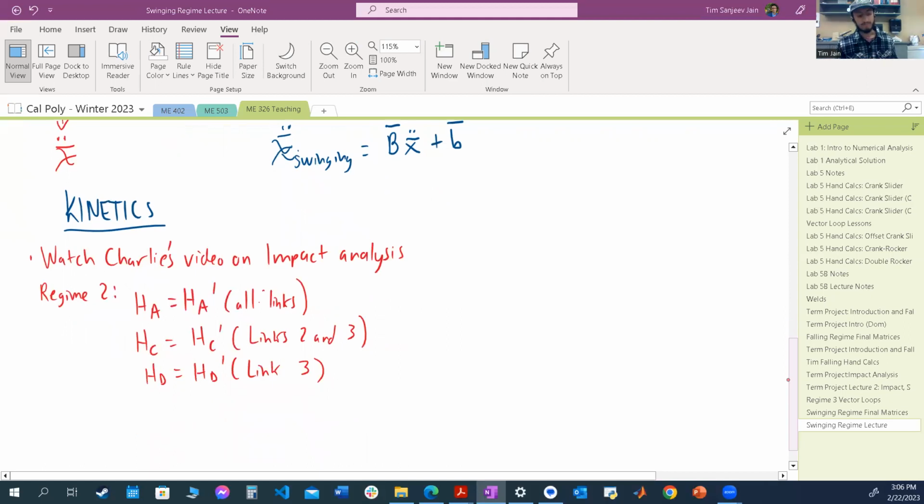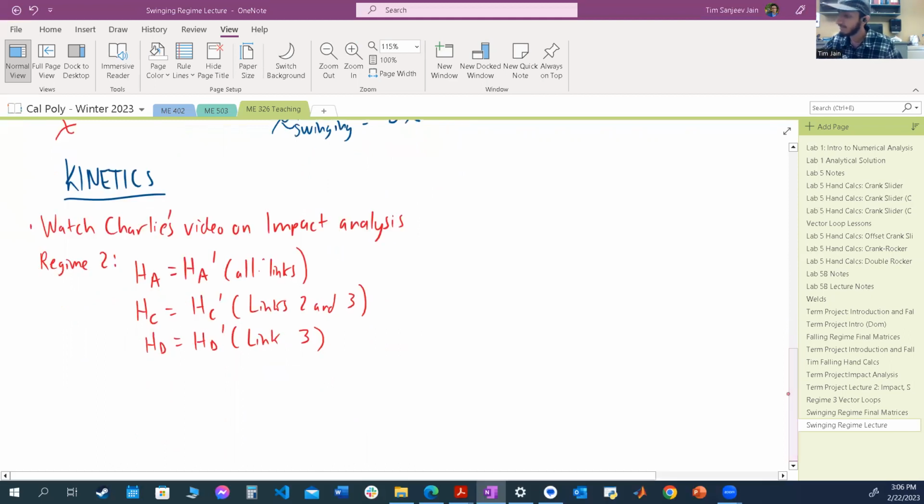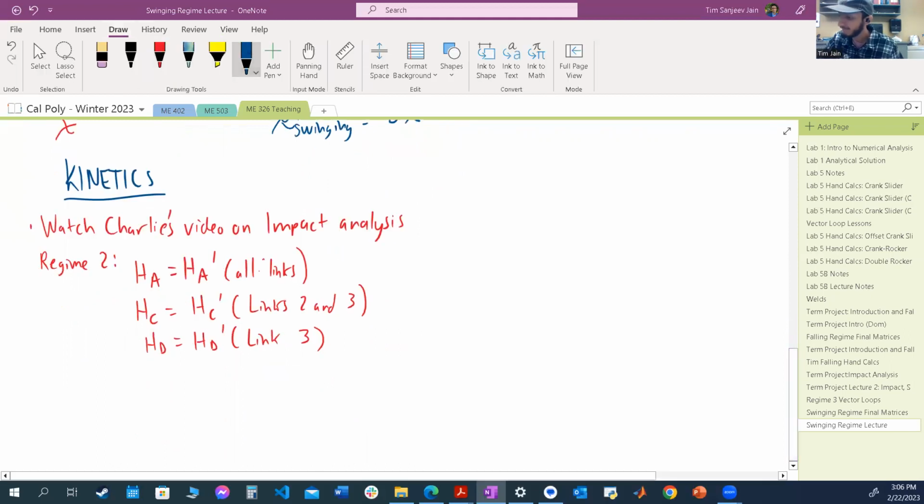So with all that being said, I want to show you guys how an FBD KD is similar to an impulse momentum diagram. So first, let's consider an FBD KD, because the whole point is to do regime 2 and regime 3 simultaneously.